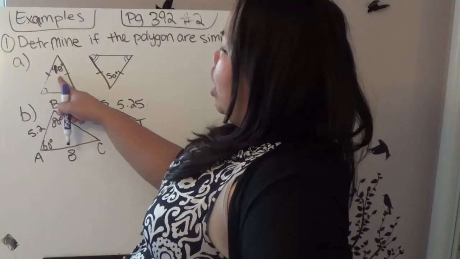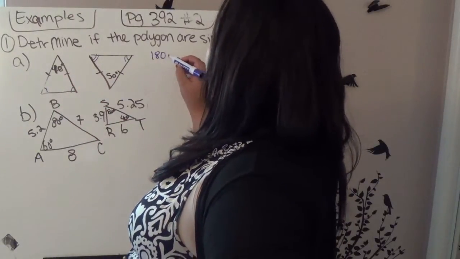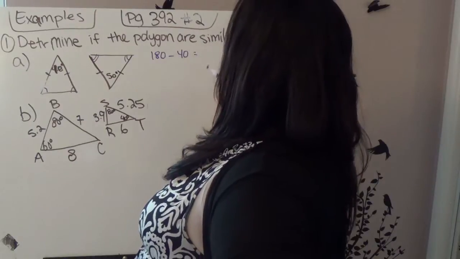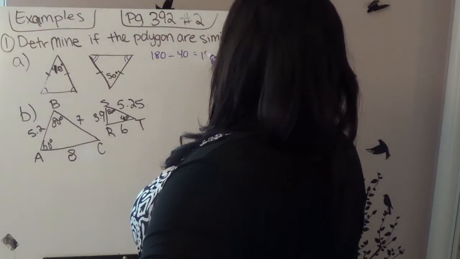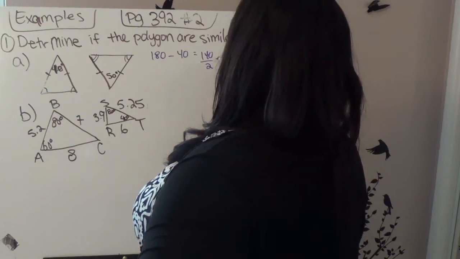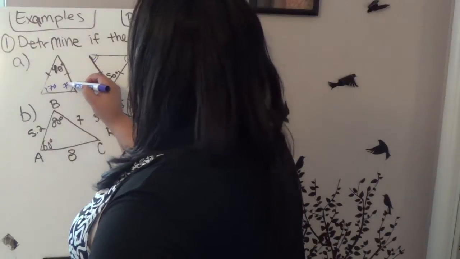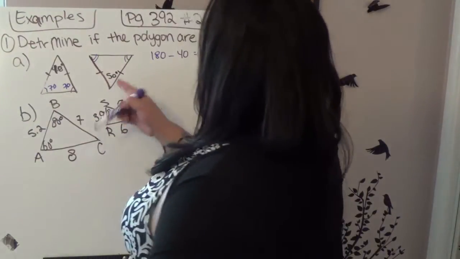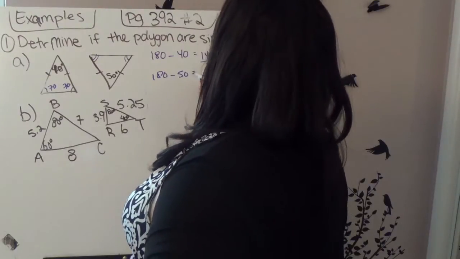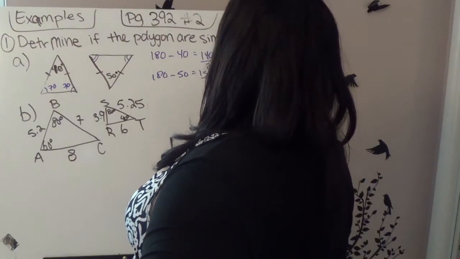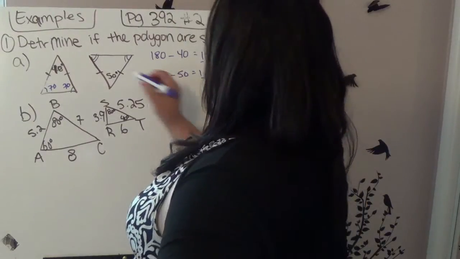So if this is 40, then I do 180 minus 40 equals 140. And I divide that by 2, I get 70. So these are 70 each. This one would be 180 minus 50, which gets me 150, and I divide that by 2, and it'll get me 75 each.